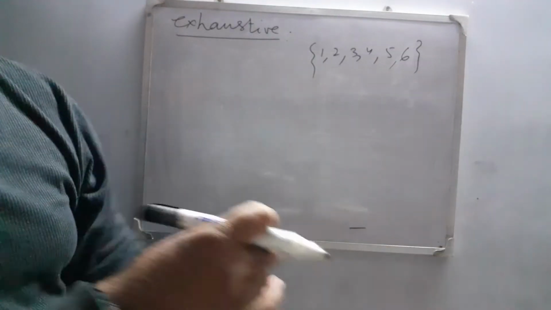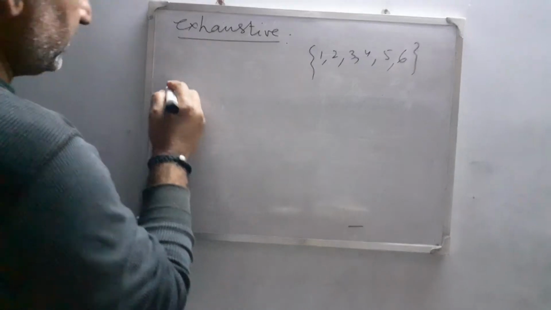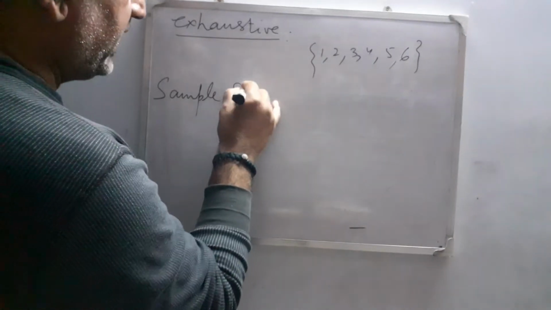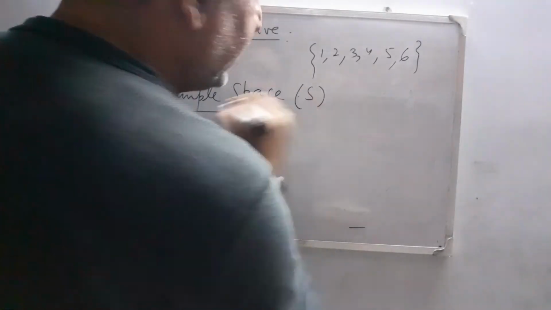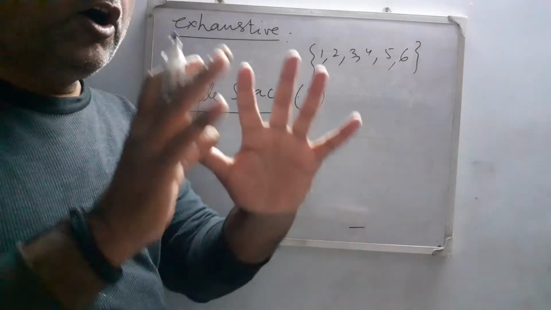Here we can also say that exhaustive events imply the sample space, which we have discussed in class 11. We denote the sample space by S. A sample space is the set of all possible outcomes of a random experiment.